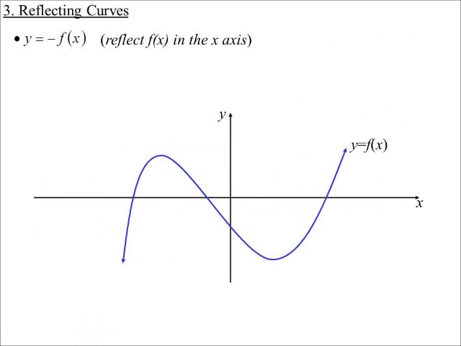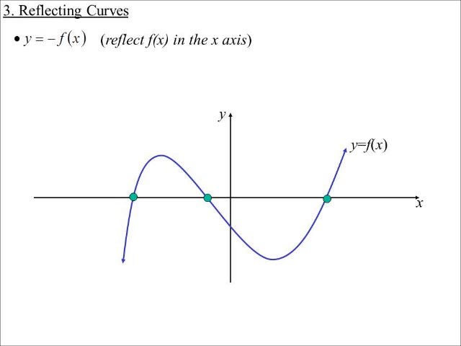Okay, reflecting curves. So if y equals negative function x, that's going to be a reflection in the x-axis, because what was positive is now negative, and what was negative is now positive. So if that was my original curve, obviously the x-intercepts will stay the same because they've got a y value of 0.